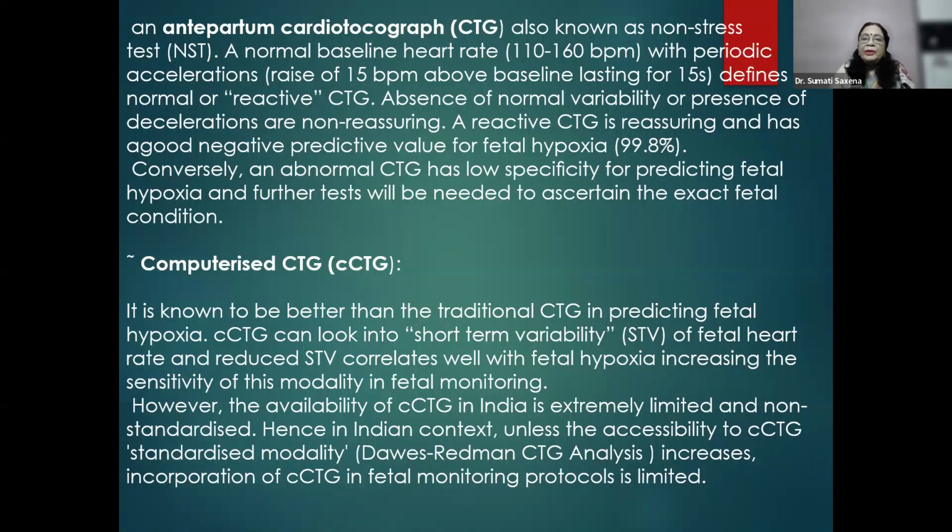If the baby has accelerations of this category, then it is a reactive CTG and there is no abnormality. But absence of normal variability or presence of decelerations are non-reassuring. A reactive CTG is reassuring and has a good negative predictive value for fetal hypoxia, that is 99.8%. Fetal hypoxia is ruled out.